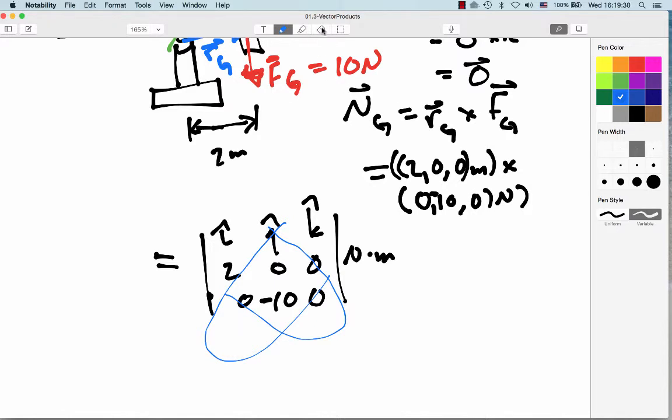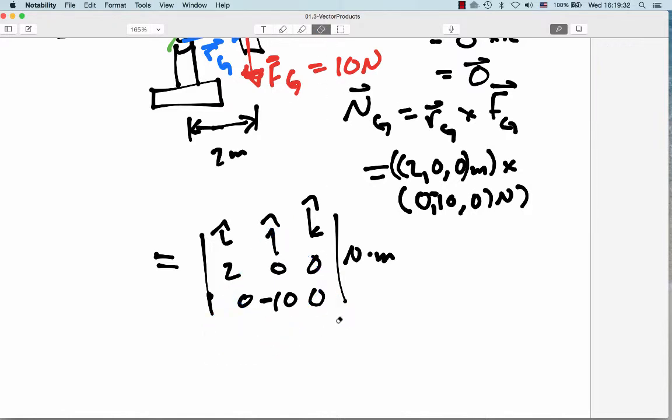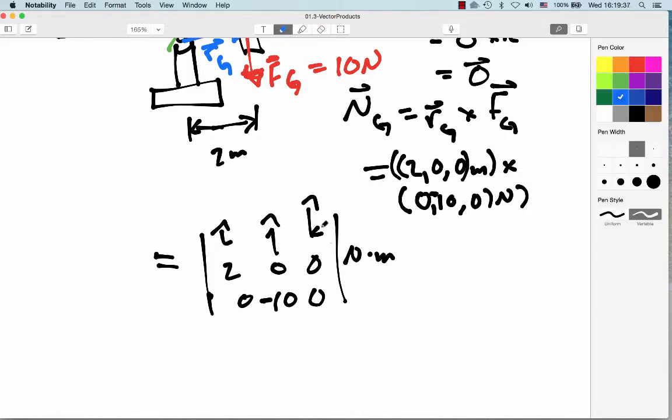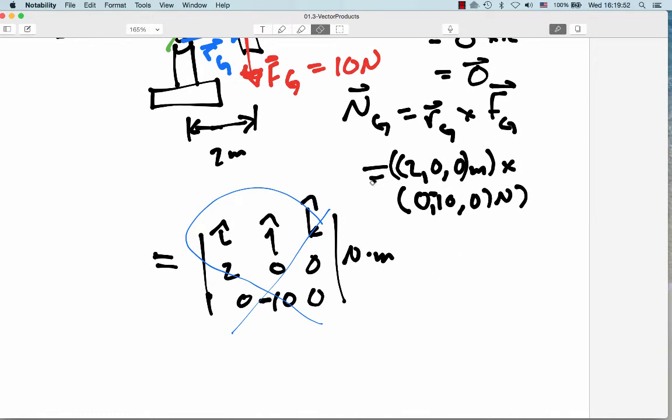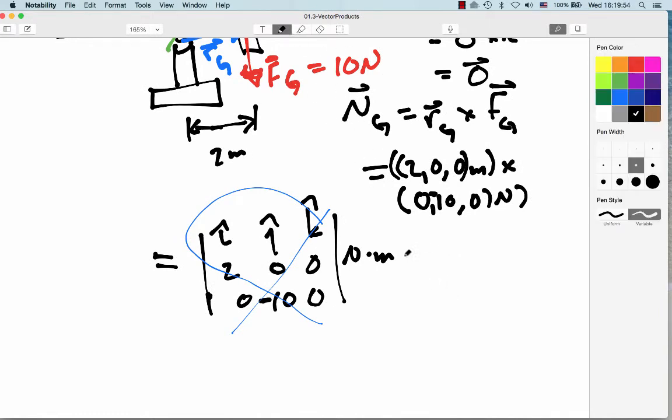So that doesn't contribute either. And then finally, we can do the k piece. We've got that guy there, negative 20, and that guy there, 0. So the answer is -20 Newton meters in the k-hat direction.